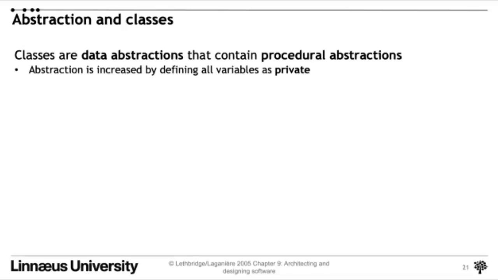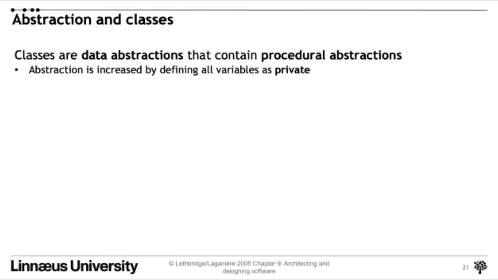Then abstraction is increased a lot if you define all variables as private. I really don't care whether a queue is implemented as a list, or by using an array, or by using a database. I really don't care how you implement a list or how you implement a stack.